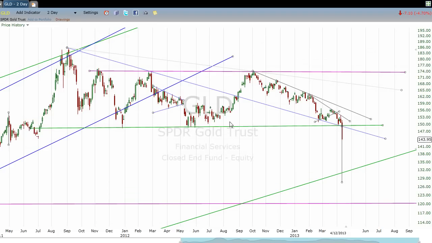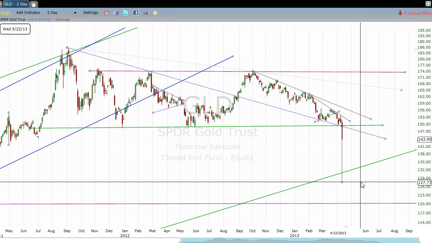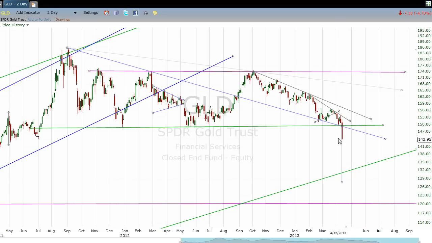Normally, you would look at this technical bit of information and say, whatever the height of this overhead is, we would expect a move at least down to 127 and change. If that move is swift, it may get held up by this rising line.